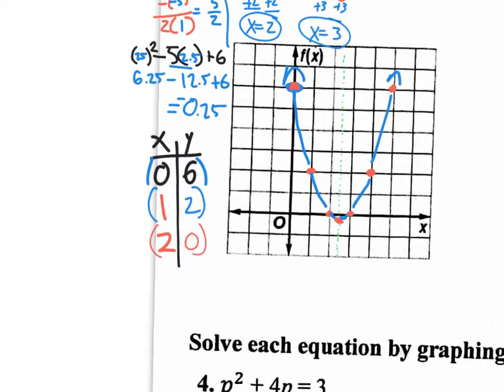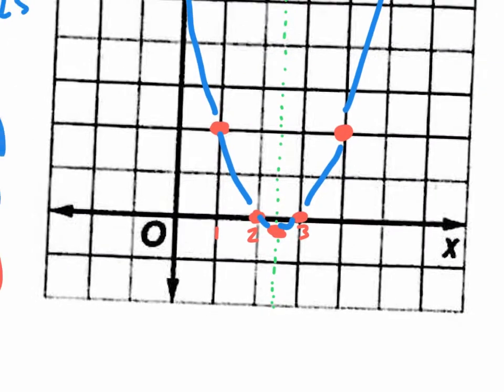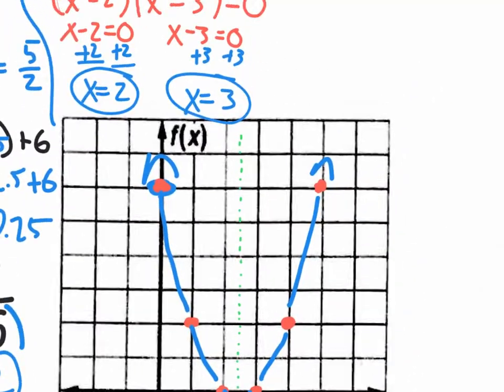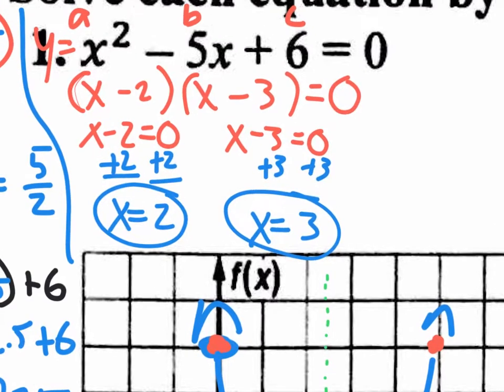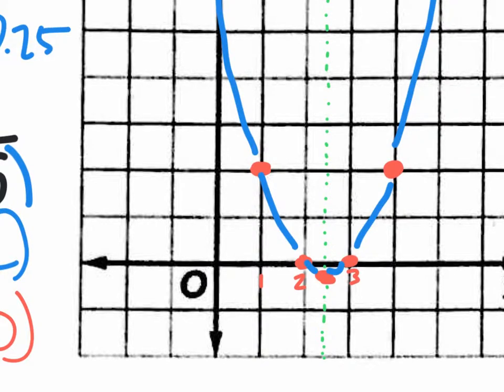So if you look at this parabola, where does it cross the x-axis? It doesn't cross at 1, it crosses at 2 and at 3. Now that's exactly why the answers to the original quadratic trinomial equation are 2 and 3, because the parabola crosses the x-axis at 2 and 3.